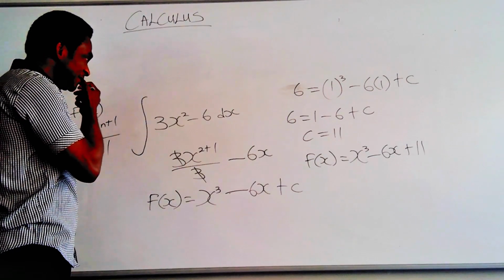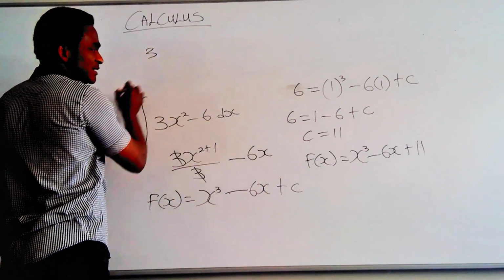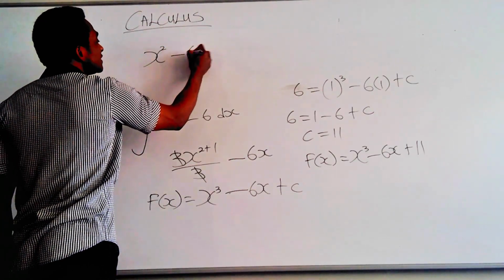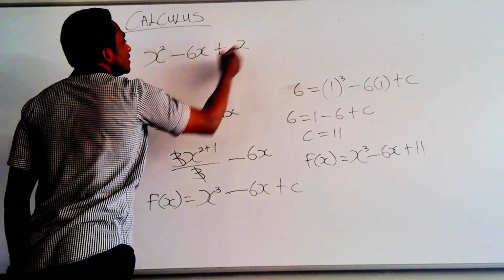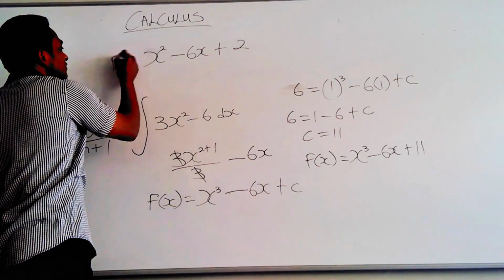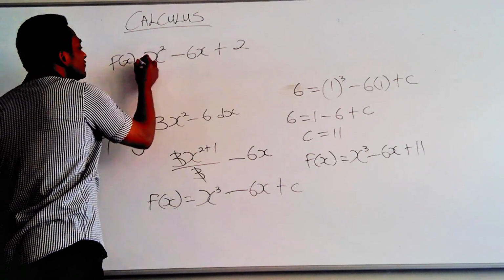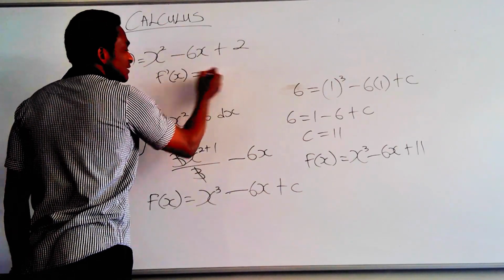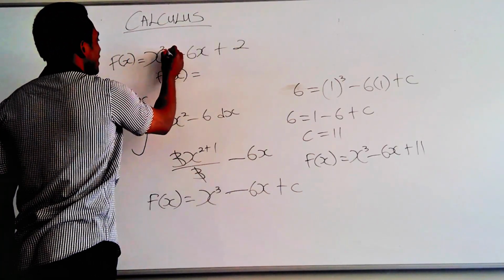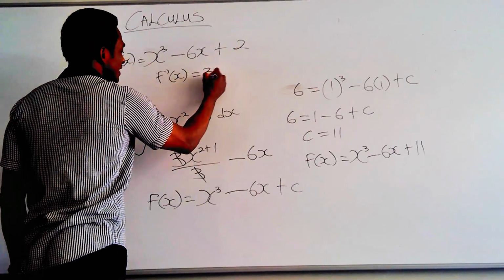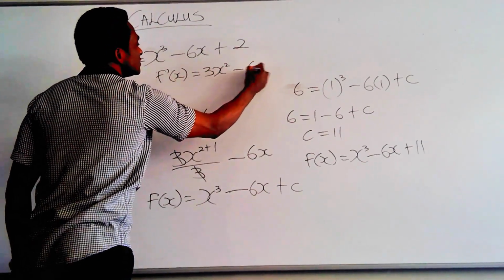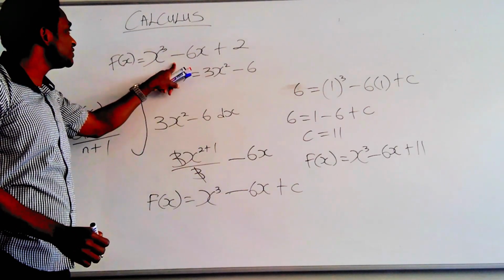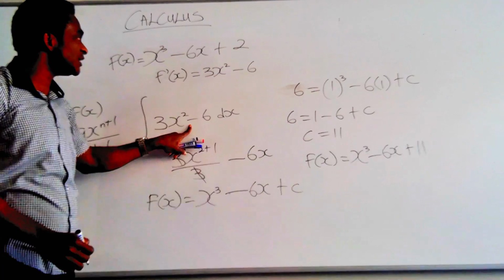If I take x cubed minus 6x plus 2 and differentiate this, it still gives me 3x squared minus 6. You see, the same with this. If I differentiate this with respect to x, it still gives me that.